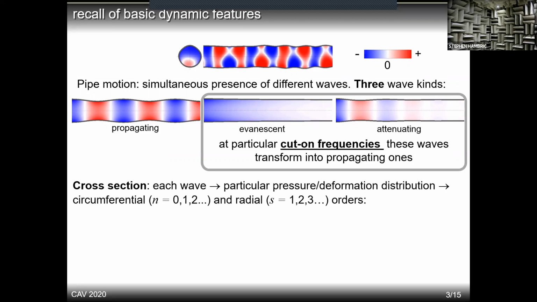In the cross-section, each wave will exhibit a particular distribution of pressure and wall deformation. And these will be identified by two indices: a circumferential order n, which can be 0, 1, 2, etc., and radial order s, which is 1, 2, 3, and so on.